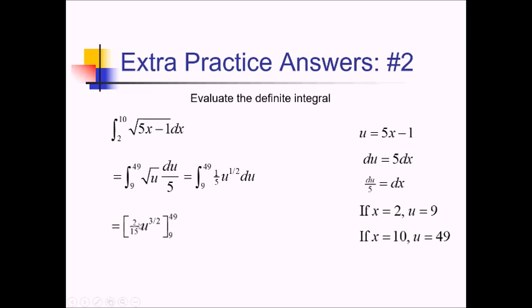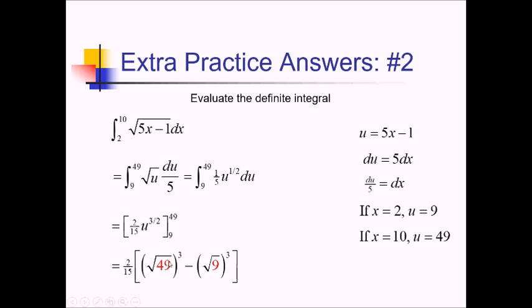And then let me yank this 2/15 outside. And inside now I'm going to have the square root of stuff cubed. So we're going to have the square root of 49 cubed minus the square root of 9 cubed. So this is going to be, let's see here, square root of 49 is 7.